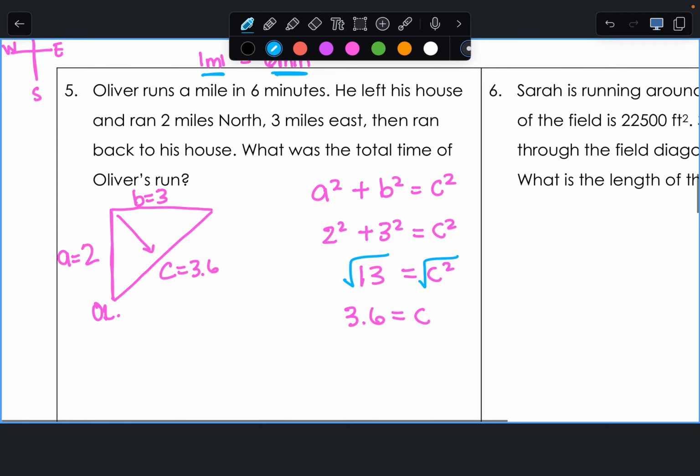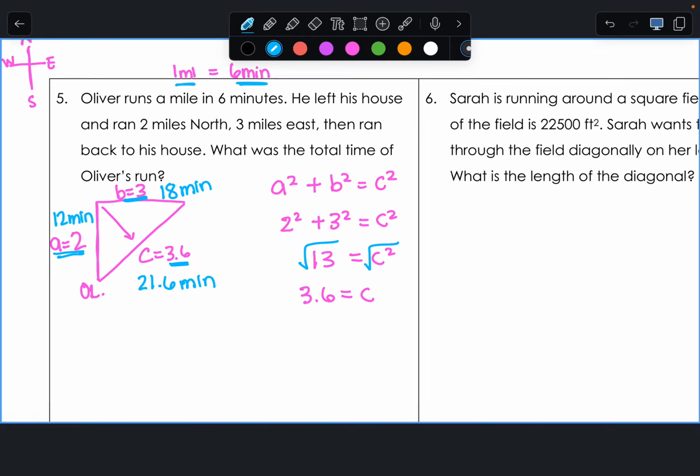Yep. So even though this is 2 miles, 2 times 6 is? So this one would be 12 minutes. Even though this is 3 miles, how much time is it going to take? 3 times 6 is 18 minutes. Then 3.6 times 6. 21.6 minutes.